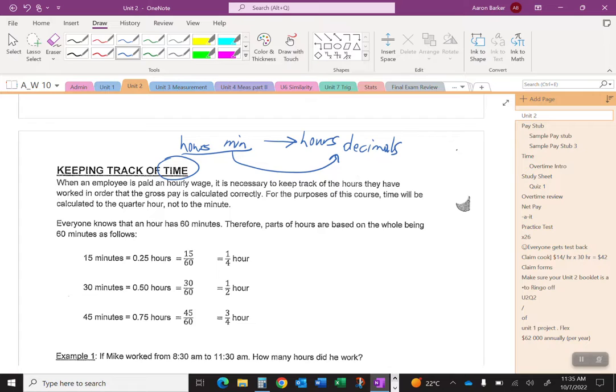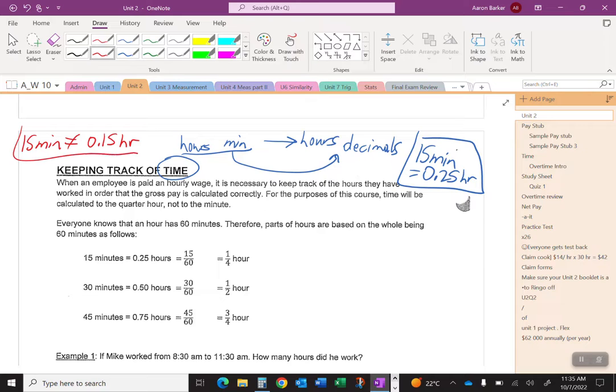So, for example, 15 minutes equals 0.25 of an hour. So you can then add the decimals together using your calculator. I want you to remember that 15 minutes does not equal 0.15 of an hour. That is wrong.